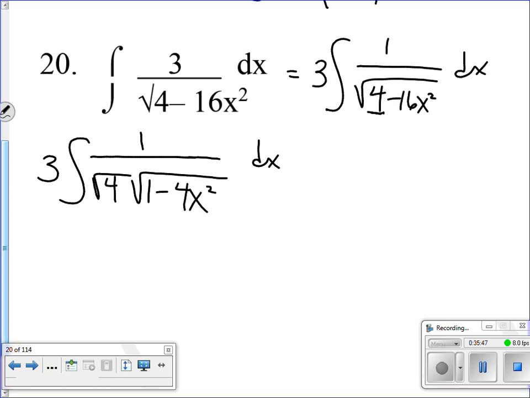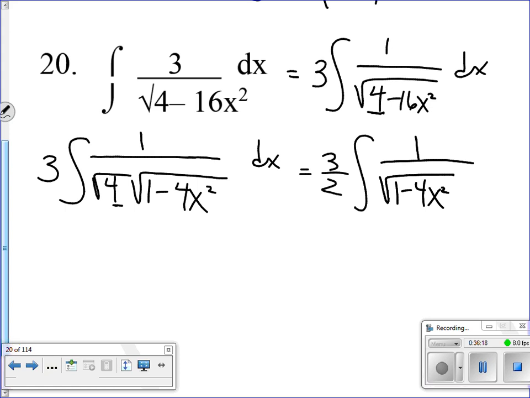You can always take a second and check if you distribute the 4 back, you would be back to the original denominator. Okay, so that's right. Now this square root of 4 here, we're going to pull it out front. It has to be in the denominator, all right? So I could write out front 3 over rad 4, or I could just write 3 over 2. So I think I'm going to write it like that. So we have 3 over 2 times the integral of 1 over the square root of 1 minus 4x squared.